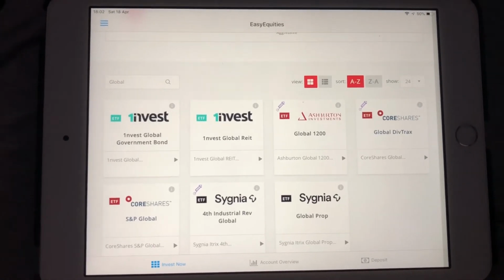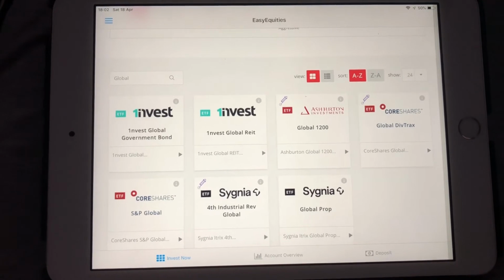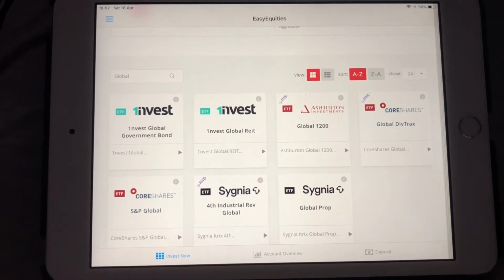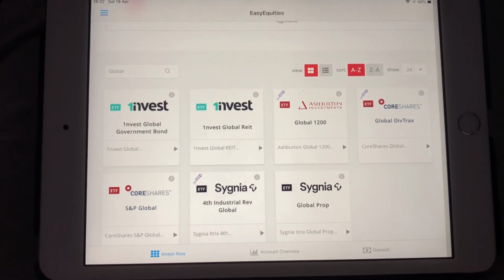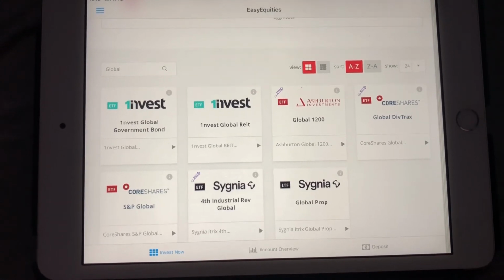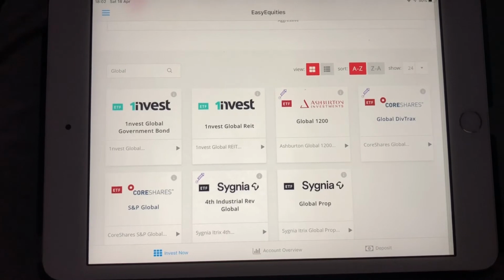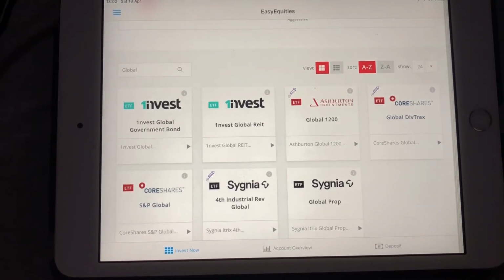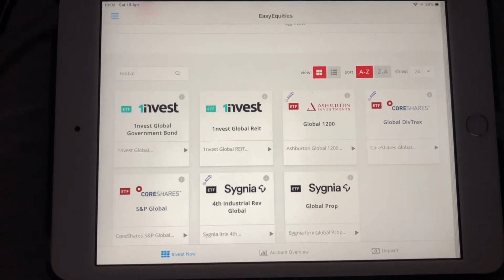But what I would advise is you download any news application, so that you keep up with the markets and what's happening, so that you stay updated. It makes it easier for you to invest if you know what's going on, if the market is going up or down. For instance, I use News 24, and then I usually go under the business section and I read what's happening there.